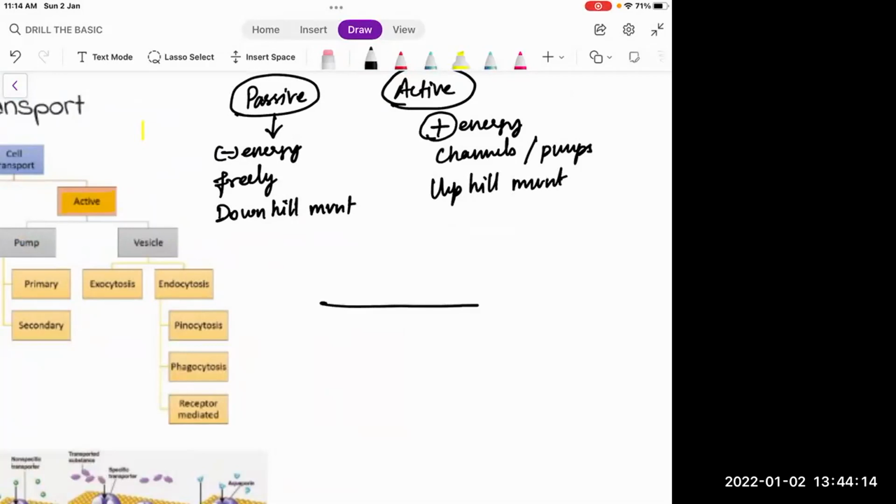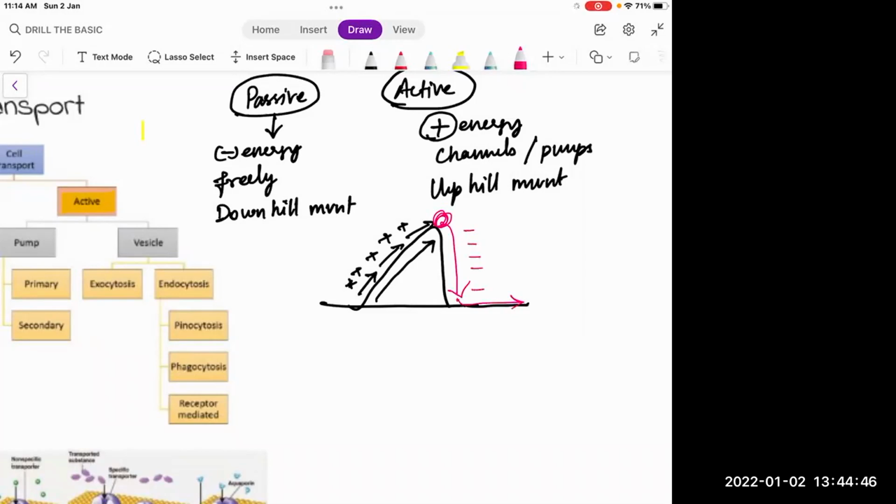The very classic example: a person is climbing a mountain on a bicycle. The person requires energy to ride the bicycle up the mountain from the base. But at the same time, if the person is riding the bicycle from the top of the mountain towards the base, there is no need for energy.